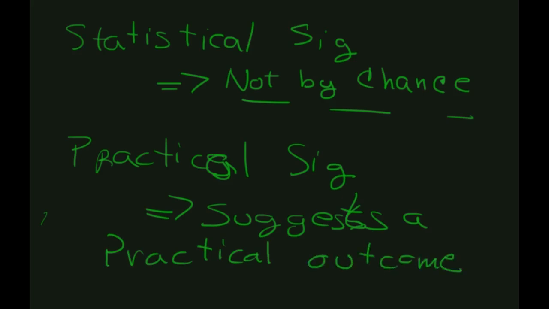So, like in our example with practical significance, yes, walking 30 miles a day is going to be statistically significant for weight loss, because if you do it, you'll lose weight. And that's not by chance. You'll lose weight more than you would by chance, but it's not practical.